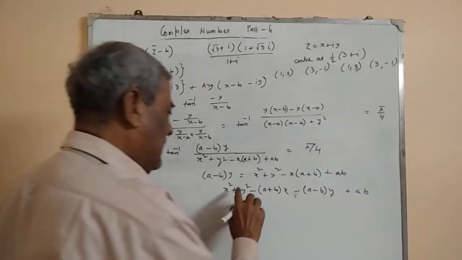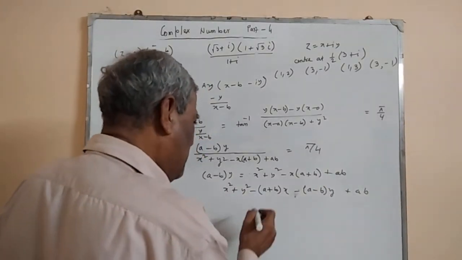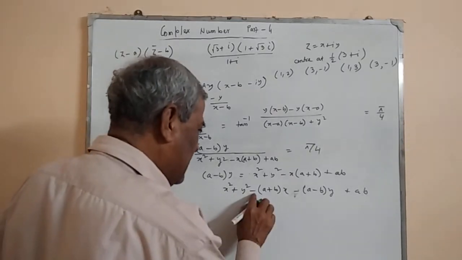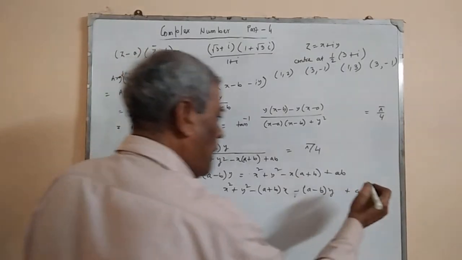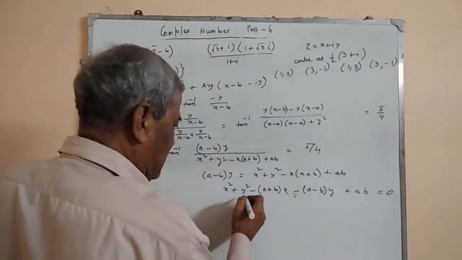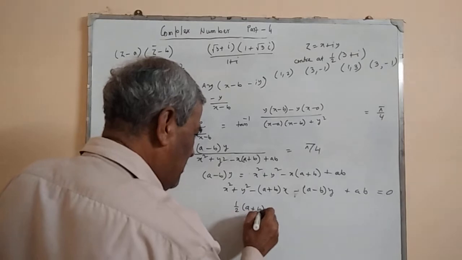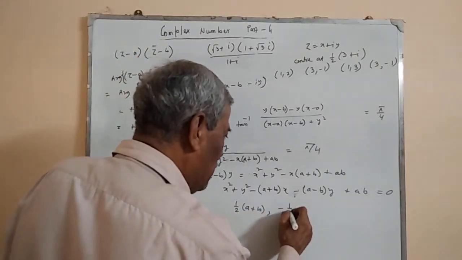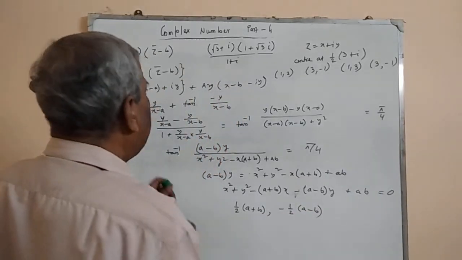Its center is of the type x square plus y square minus 2gx minus 2fy plus c is equal to 0. So its center is at (half of (a plus b), minus half of (a minus b)).